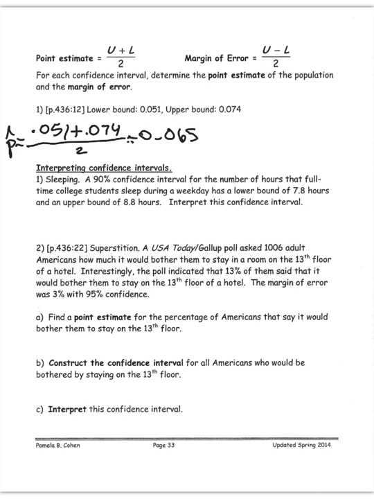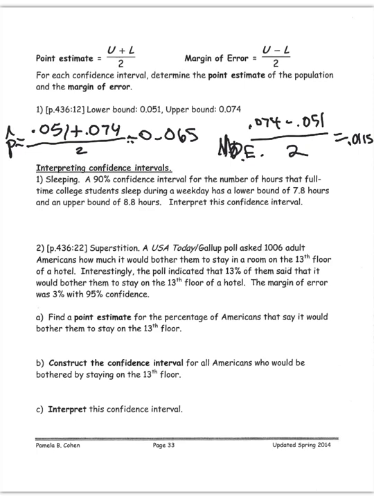But if I don't have the point estimate, I can take my upper boundary, 0.074, subtract my lower boundary, 0.051, divide that in 2, and that gives me a margin of error of 0.0115, so 1.15% margin of error. Well, that's a pretty crappy looking M, and O for that matter. But that really says MO, not MD, not NDE.